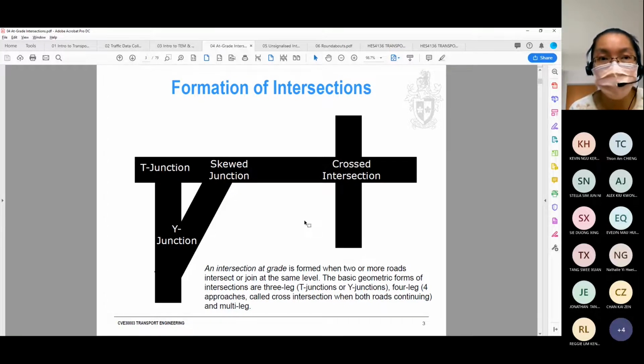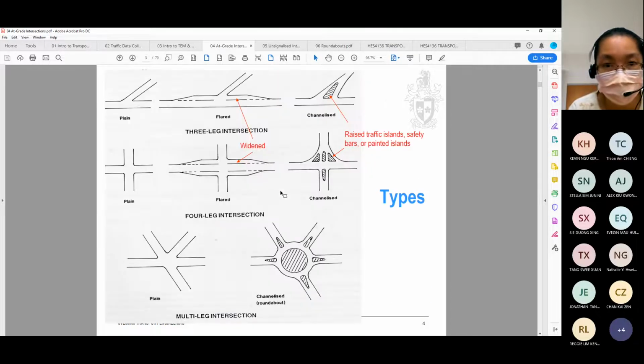We are just merely doing the design and the ideas for treatment. So we have different types of treatment that we can use: plain type, flaring, channelization. And channelization also has different forms. You can have just painted markings or raised traffic islands.